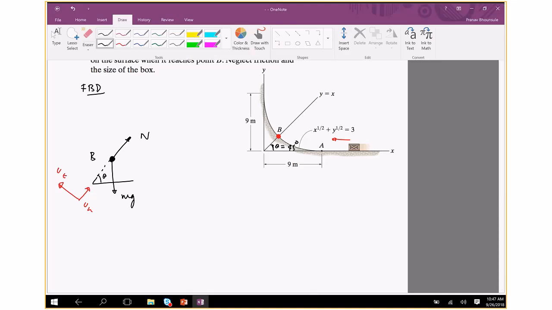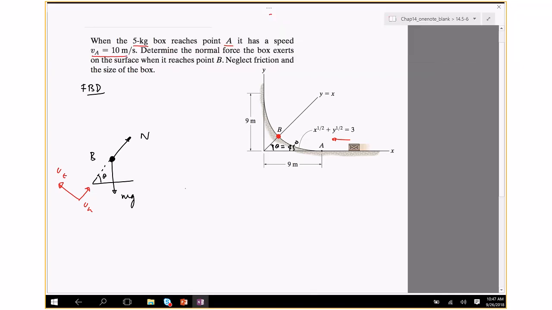Okay, let's set up the equation of motion. EOM: N minus mg cosine theta. N is positive because it is along un, mg cosine theta is negative because it is along negative un, equals m vB squared divided by rho. In this case, rho is something I need to find.